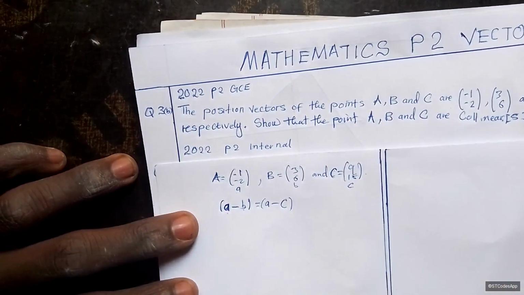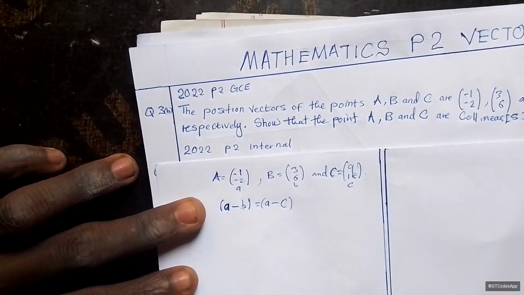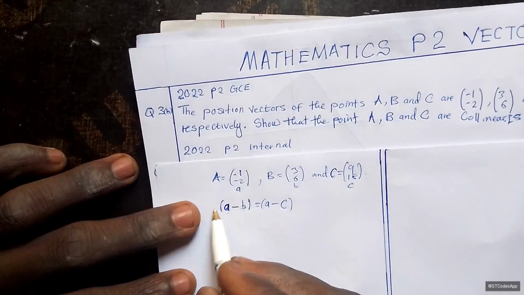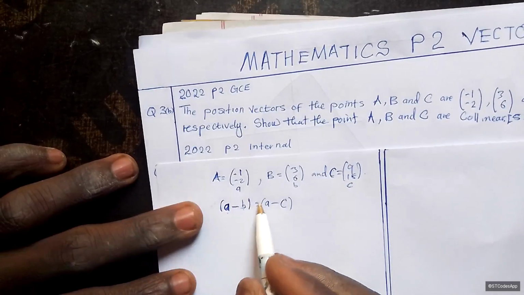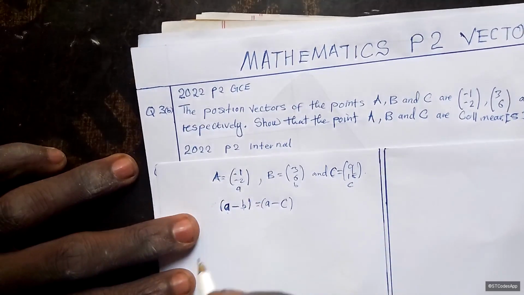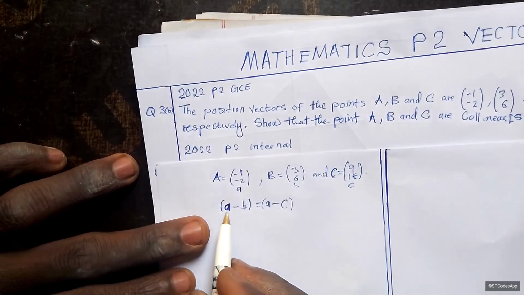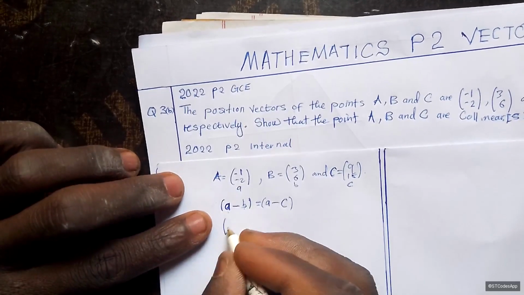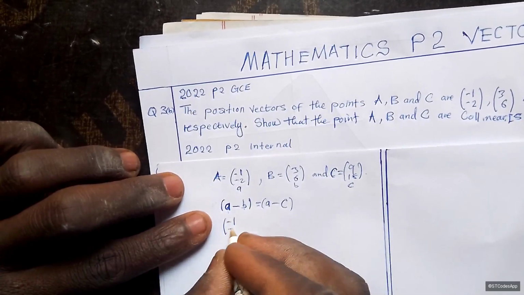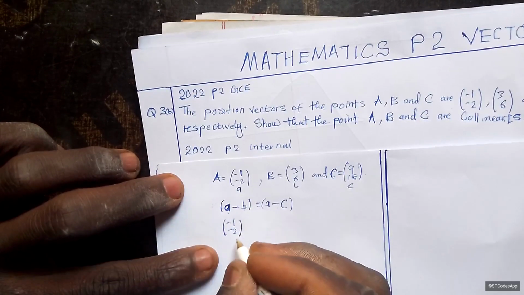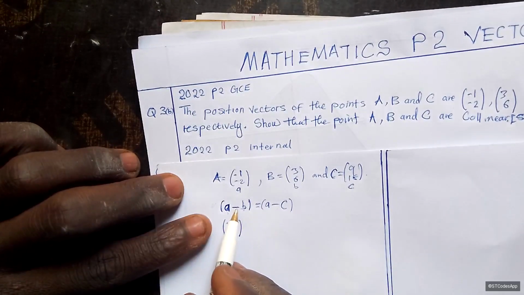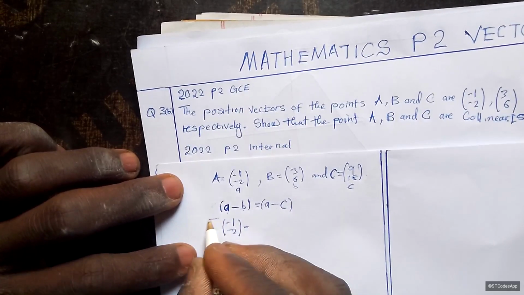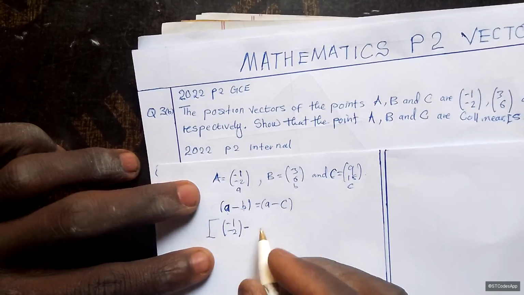Now since we want to prove collinearity, I'm going to put a variable at this point or this point. Since I know that A is representing this vector, (-1, -2), then remember we have a minus, so I'm going to say minus. If you want, you can introduce square brackets.